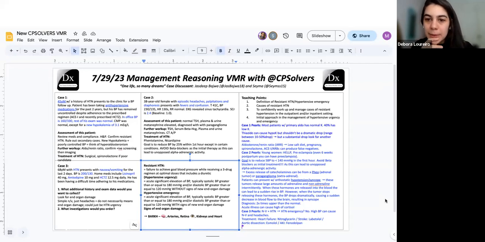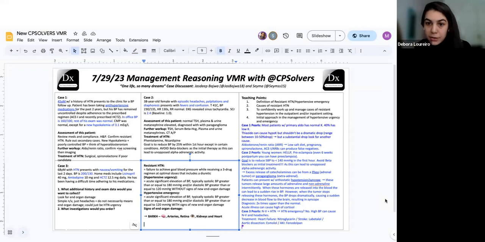From case one, we had the great pearl that Jazz said, that the aldosterone and renin ratio can be false negative in case the patient has a low salt diet, a pregnancy, or if the patient uses spironolactone, ACE inhibitors, or ARBs.